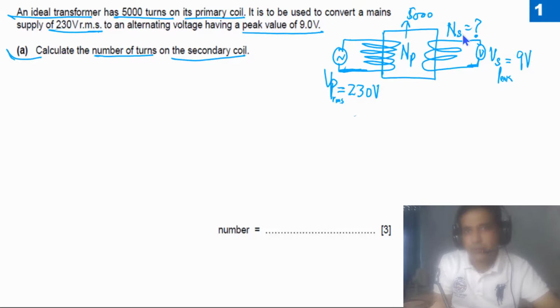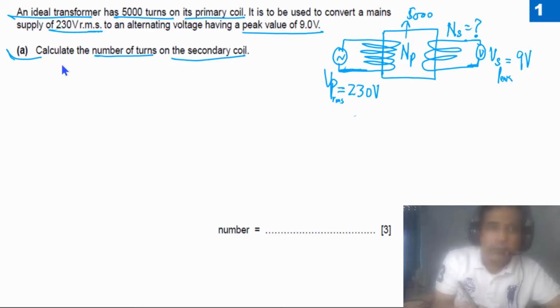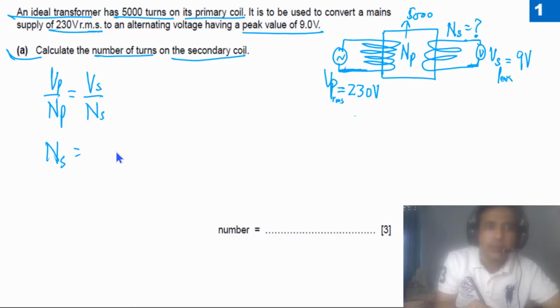We need to find out Ns in this case. For this purpose we need to understand the ratio between Vp over Np. This is the transformer equation. This is equal to Vs over Ns. So Ns simply will be equal to Vs times Np divided by Vp.